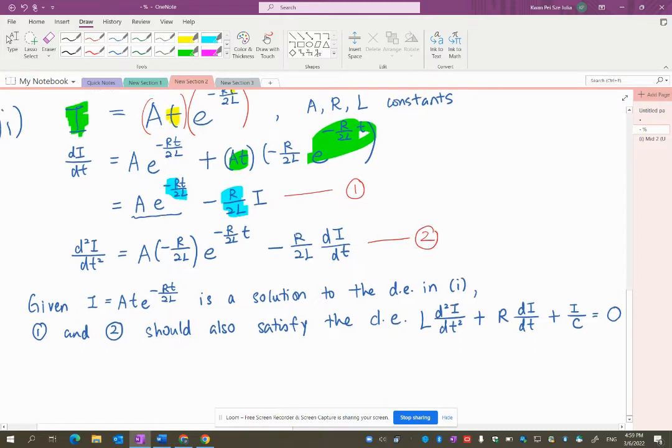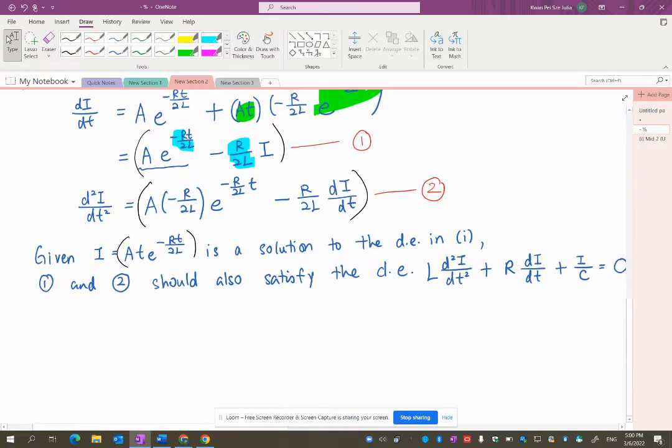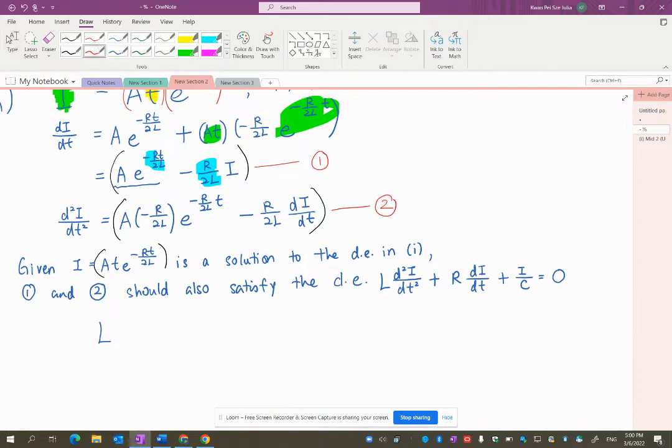So basically, we're going to substitute this as the di/dt, this one as the second derivative, and then of course I to be this into the DE. Okay, so let's do it. So we have L. I'm going to substitute this with the second derivative here, the whole chunk.